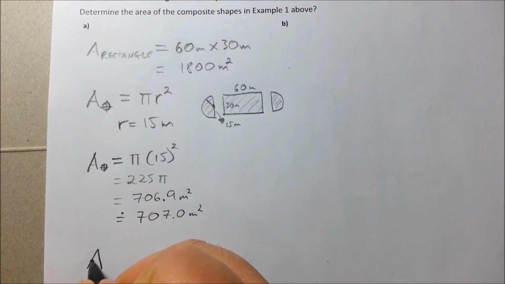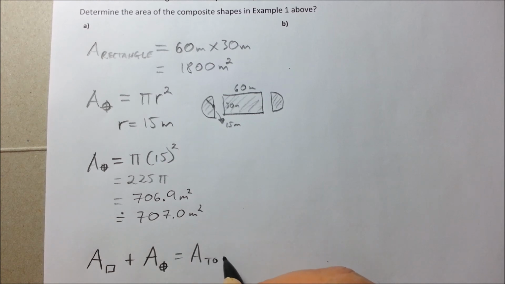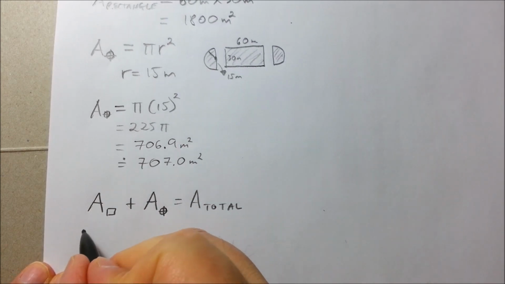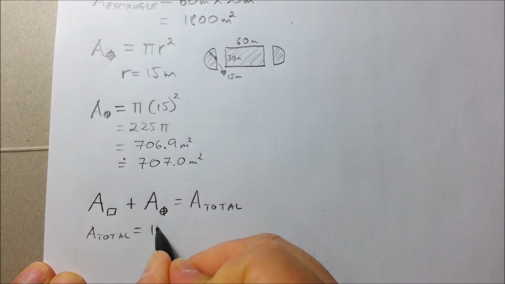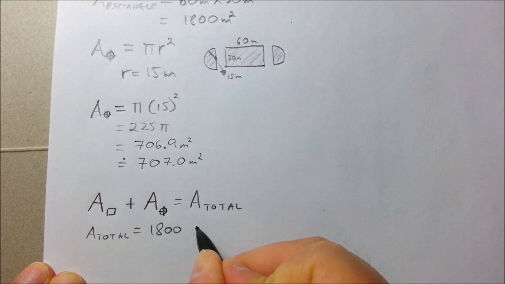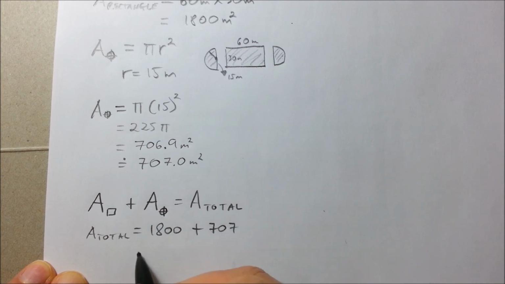So the area of the rectangle plus the area of the circle will be equal to the total area. Let's write this down. A total will be equal to the area of the rectangle, 1800 meters squared, plus the area of the circle, 707 meters squared.